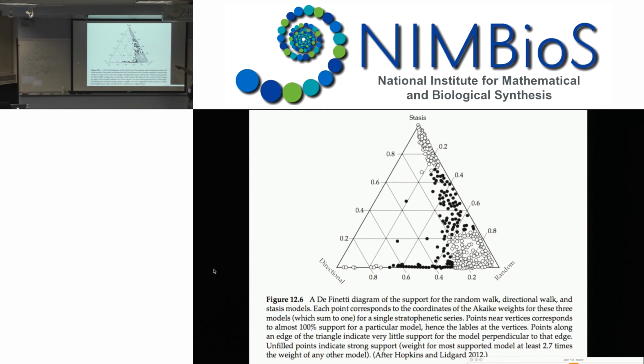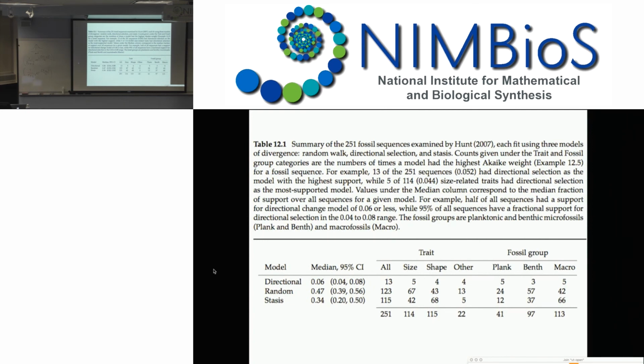What you basically see is most of the weight is either on stasis or on the stasis-random axis. The support for directionality is fairly weak, and this is over 700 or so fossil samples. When you put together a database based upon marine fossils, microfossils, forams, diatoms, and macrofossils, the median, that is the 50% value for directional selection, was 0.6, 0.47, and 0.34.